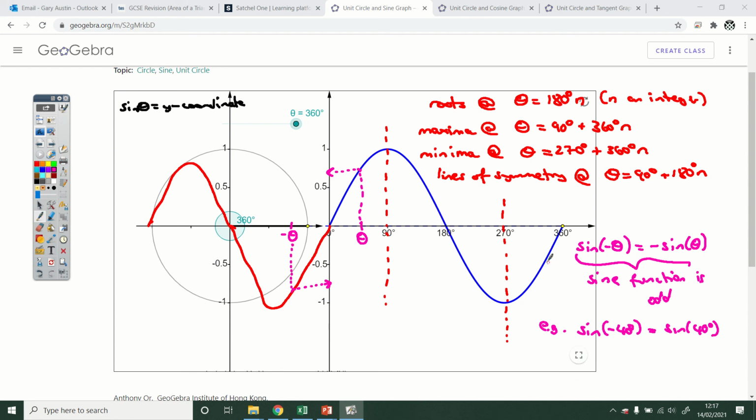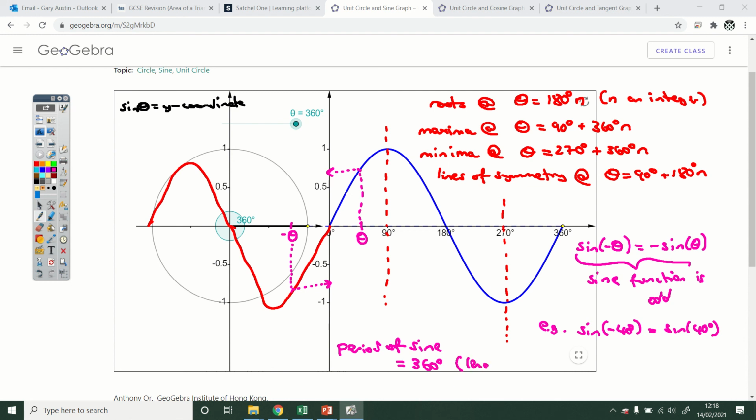Okay, I think finally we should talk about the period of repetition on this graph, and also how high and low the function gets, the range of the function, if you like. So the period of the function is the length of the x-axis that gives you one cycle of the function, and that's 360 degrees.